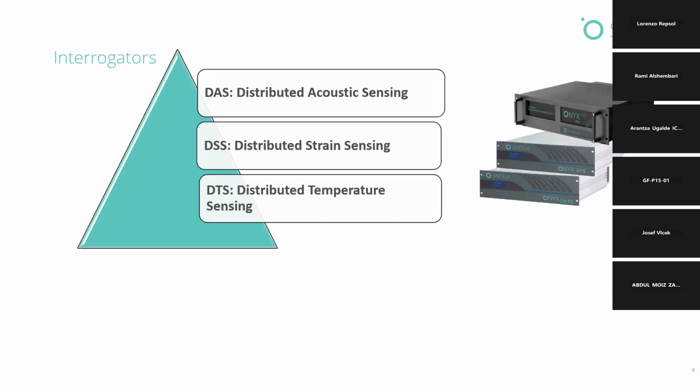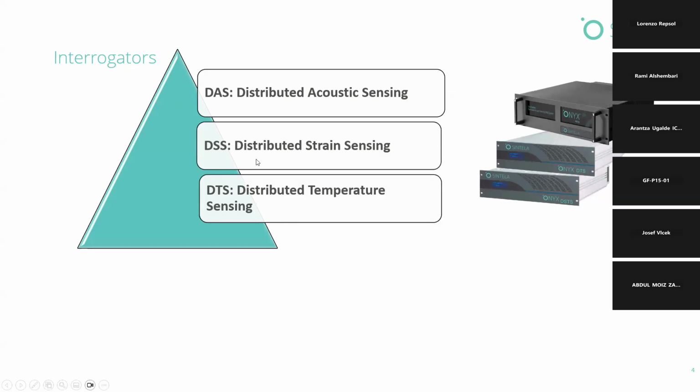The common types of interrogators: today I'm mostly focusing on DAS, distributed acoustic sensing, which is where we use geophones or accelerometers. But there is also DSS for distributed strain sensing and absolute strain measurement, and DTS for distributed temperature sensing.